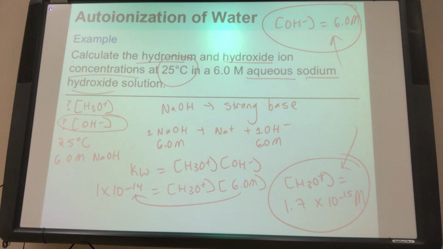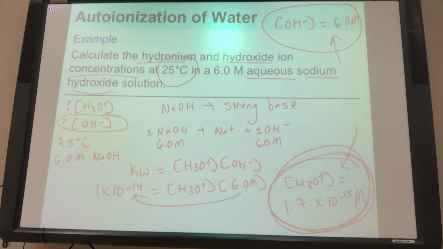But you might be saying, well, if somebody gave me this as my H3O plus concentration, 1.7 times 10 to the negative 15, is that a strong acid, a weak acid? Is that even an acid at all? How do I know what's going on with that?